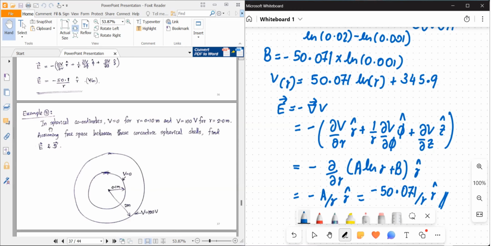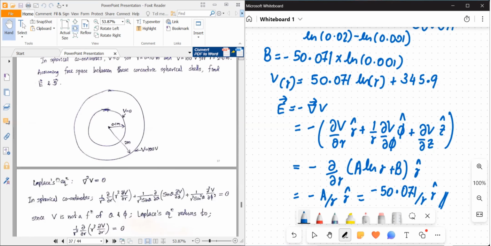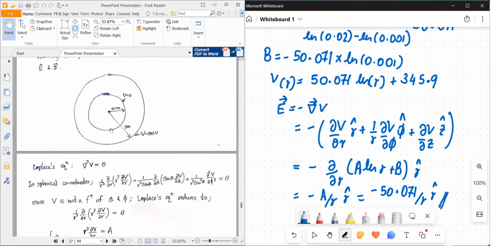In this question, it is already given that we need to use the spherical coordinate system. And we can see the potential is only going to vary with the values of R, not with theta or psi.